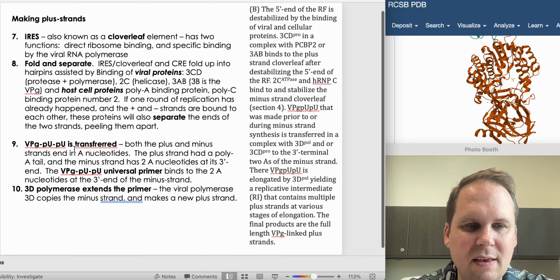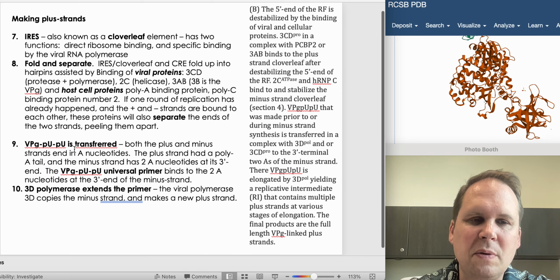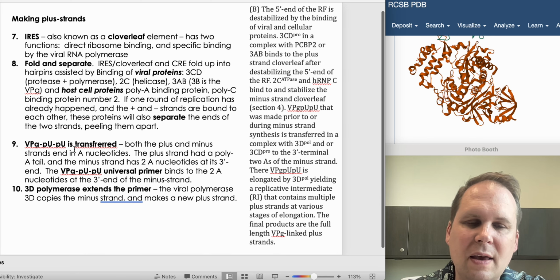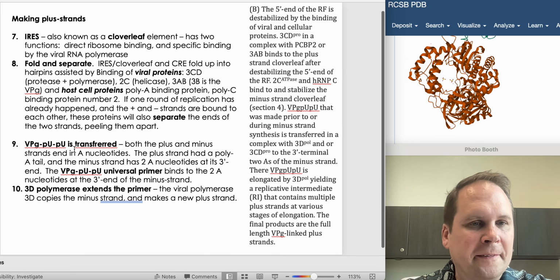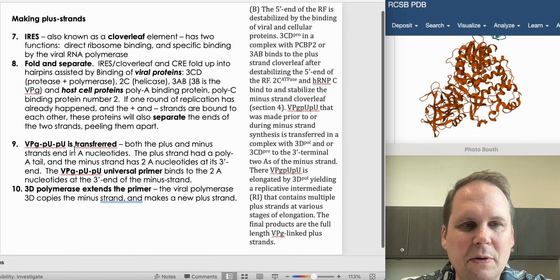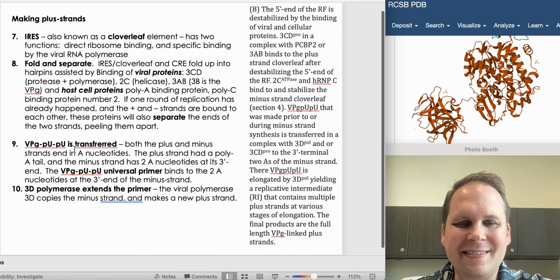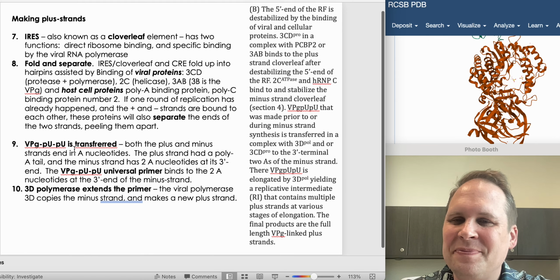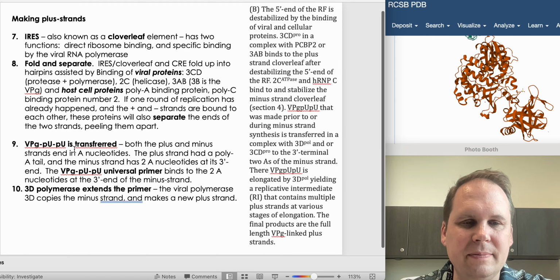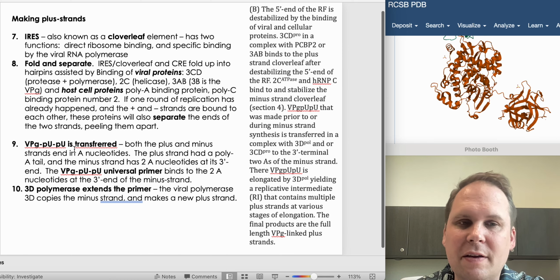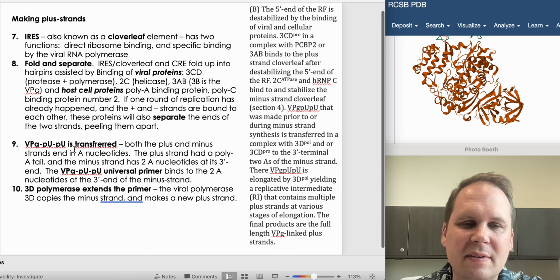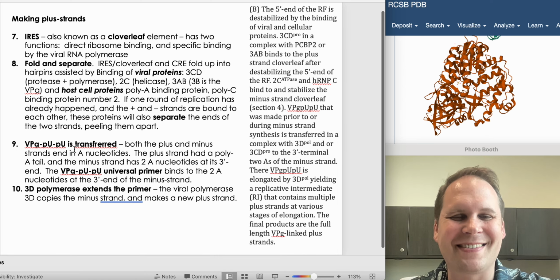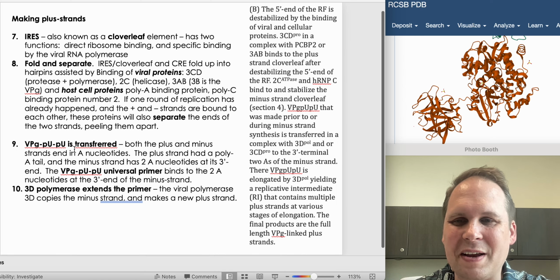In that case, we're adding on not to a hydroxyl, but to the amino group at the actual amino terminus of NSP9. And we're going to put a backwards G on there so we can cap it. And so it's going to be a little bit different. That's coronaviruses. We're here to talk picornaviruses right now.